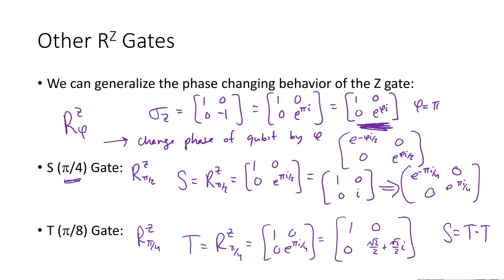So, for example, we can generalize the phase-changing behavior of the Z gate by writing sigma z equals [1, 0; 0, -1]. We can instead write [1, 0; 0, e^(pi i)].